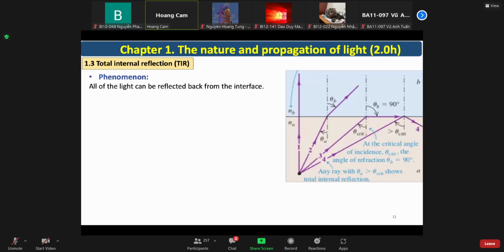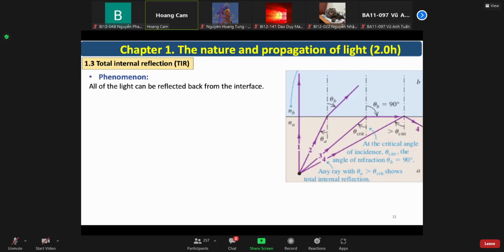Okay, so if we keep increasing the angle of incidence from 0 to theta A and then to another angle, which we call theta crit, the critical angle of incidence, we have the third direction.